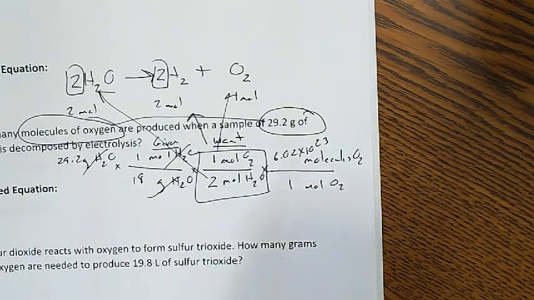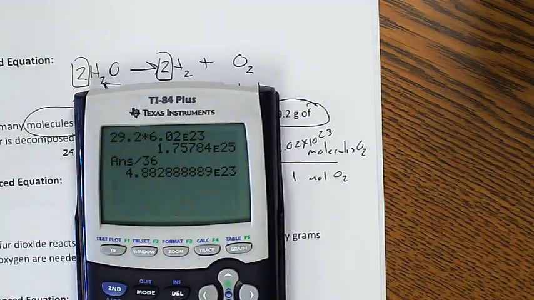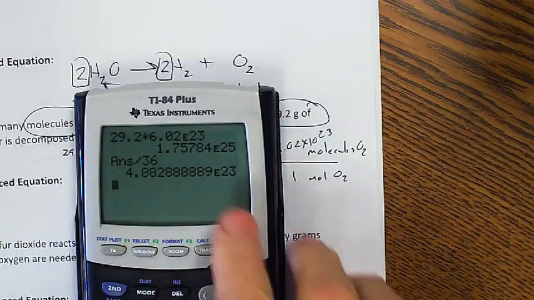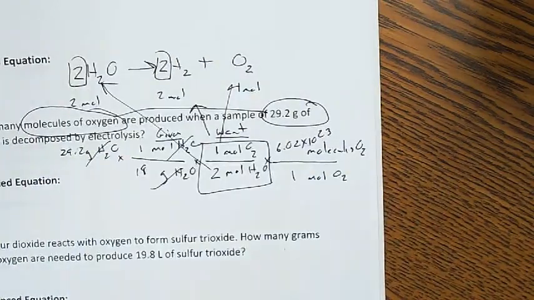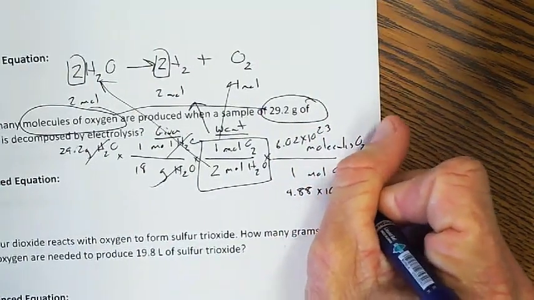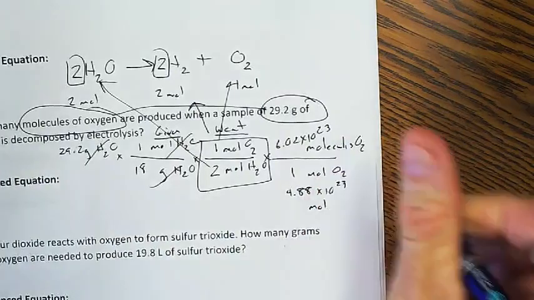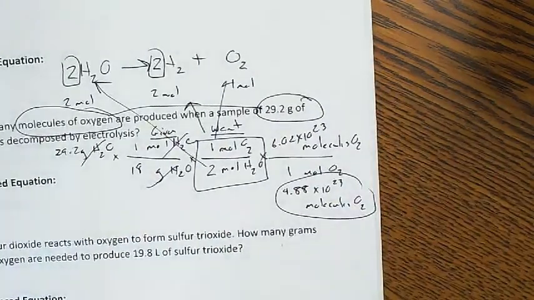It's not going to be real fast, but 29.2 times 6.02 second EE 23, and then divided by 36. There's our answer. Don't make the mistake that I see a lot of people do and say that the answer is 4.88. The answer is 4.88 times 10 to the 23rd. So you see the E23 at the end. So 4.88 times 10 to the 23rd molecules of O2.